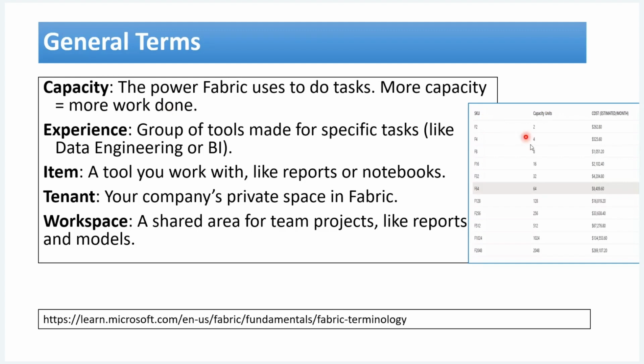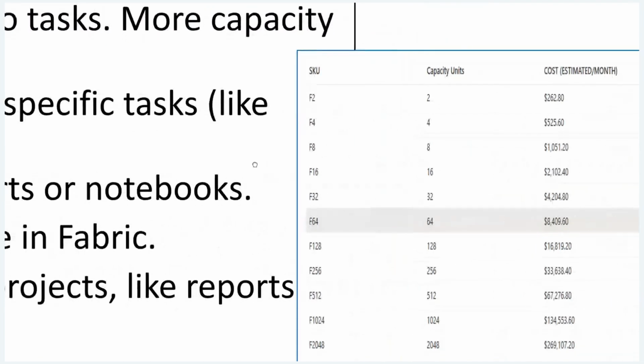So suppose if you see here, these are the capacities, F2 capacity. So these many capacities are available in fabric at this moment. So F2 SKU is nothing but the cost here is $262 per month. So this is a bit costly, I can say.